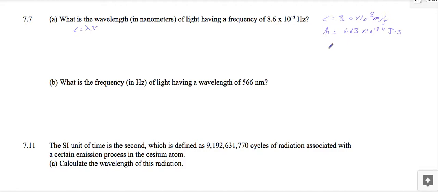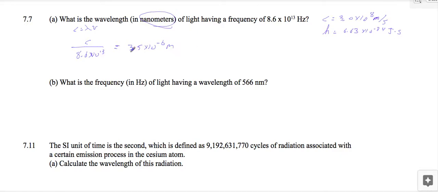Those are the two constants that I'm going to be using here quite a bit. And so rather than write out the entire value each time, I'll leave it as the variable. So in this case, we would have c divided by 8.6 times 10 to the 13th, and that gets us a wavelength of 3.5 times 10 to the minus 6th meters.